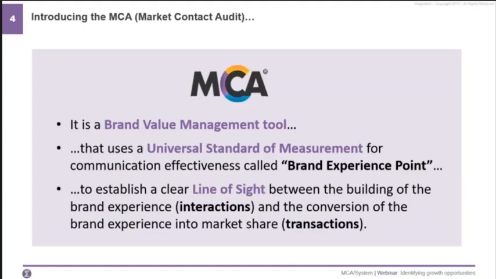So what we do is to produce two key business indicators. We call them that because both of these are linked to money in and money out. A business indicator means it's linked to financial indicators. One is the interaction ratio, how well are we communicating, and the other one is the transaction ratio, how well is that converting into a sales or a market share outcome.